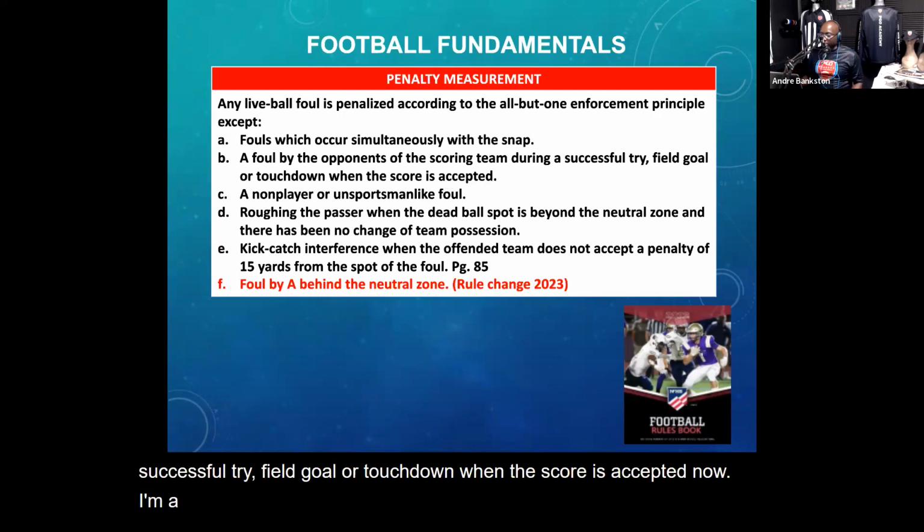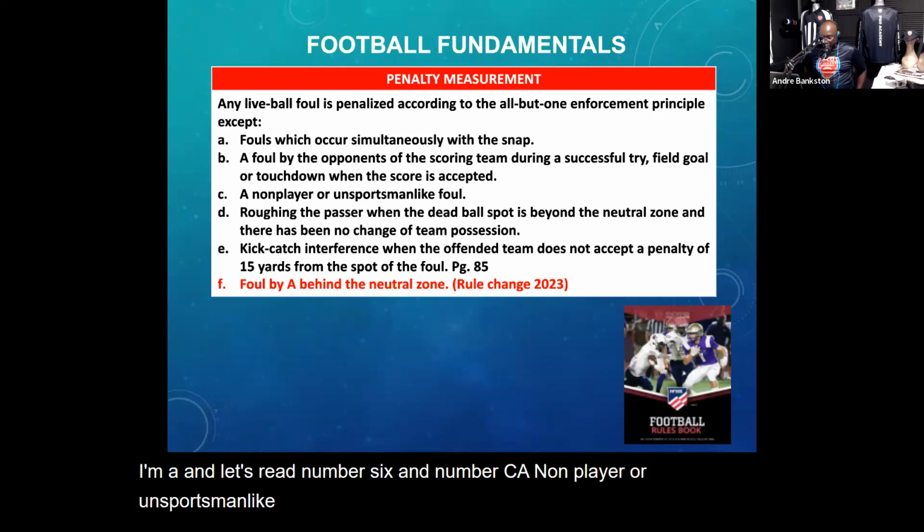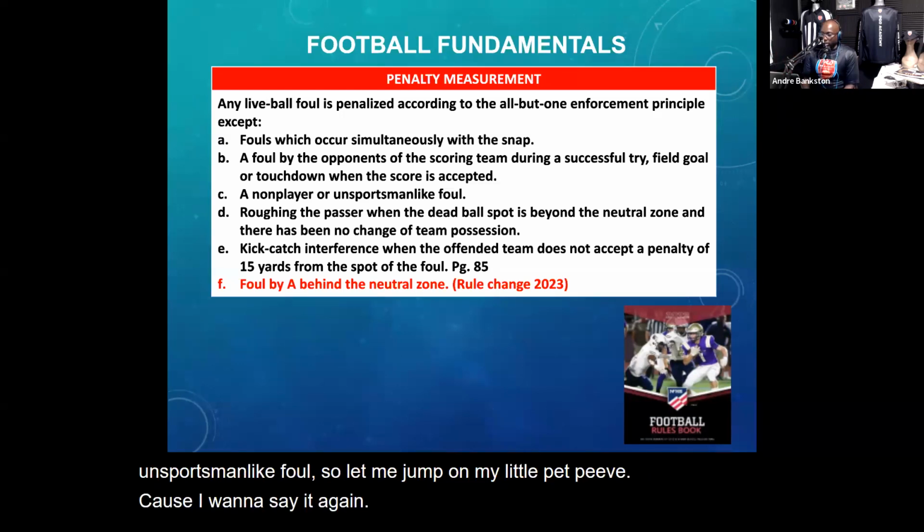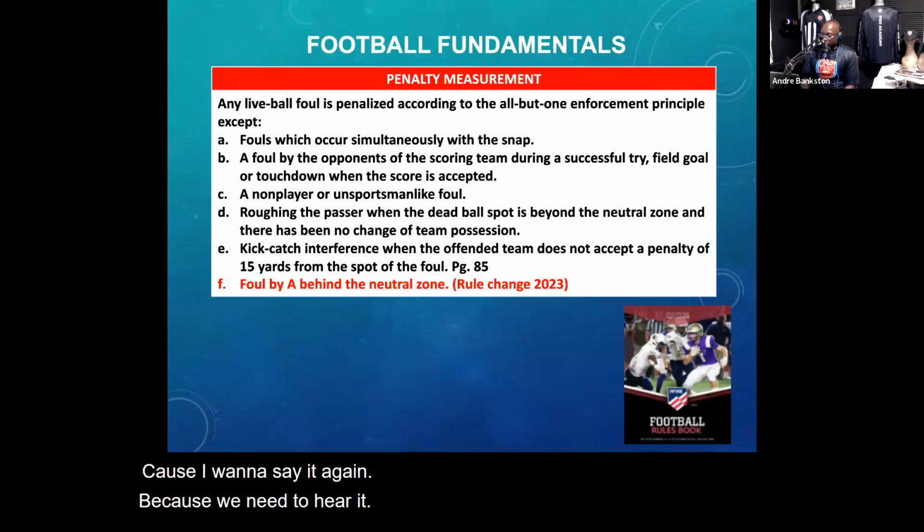let's read number C, a non-player or unsportsmanlike foul. So let me jump on my little pet peeve, because I want to say it again, because we need to hear it. What does that mean?